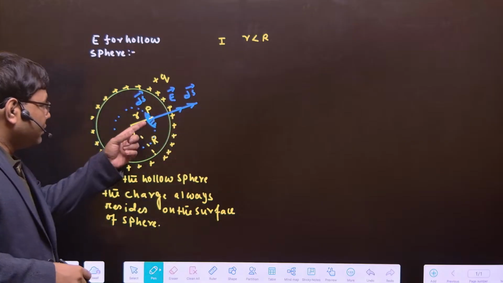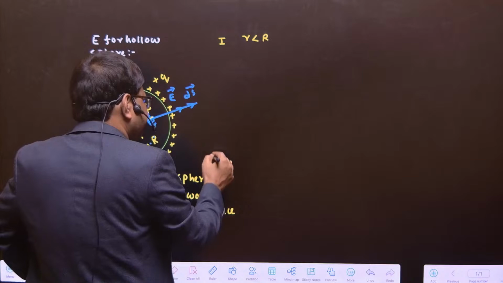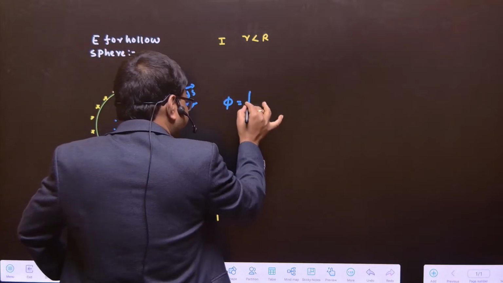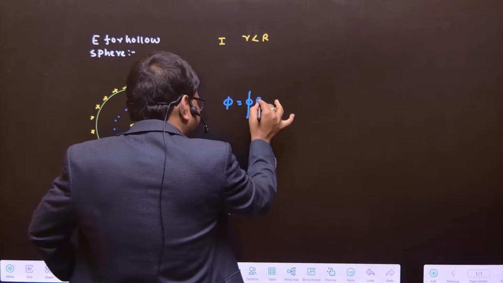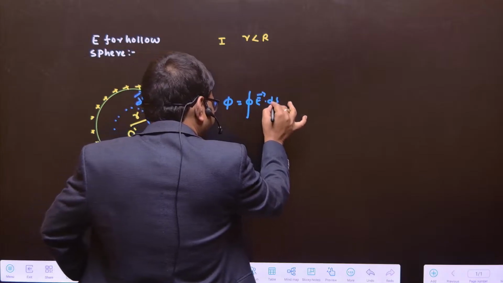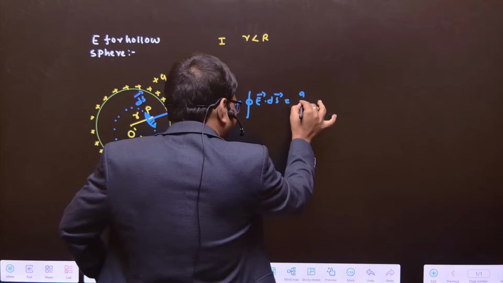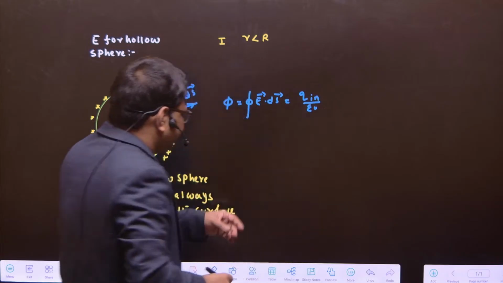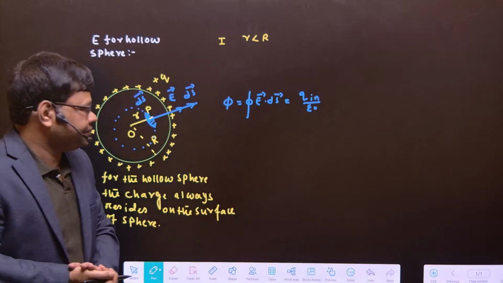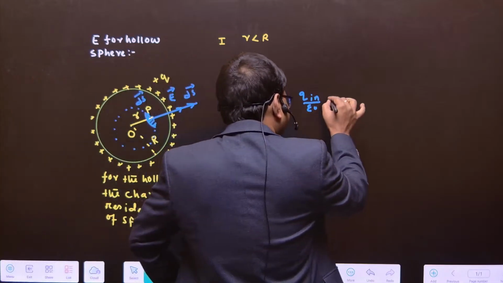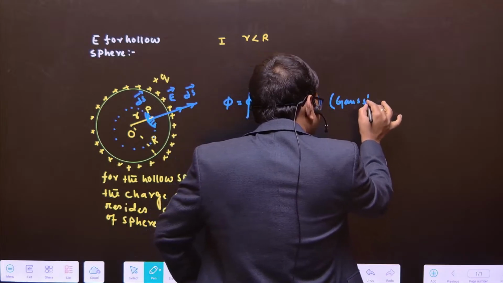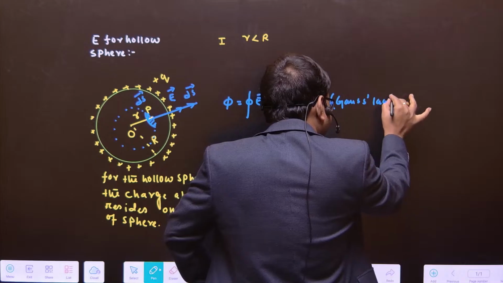Am I clear? According to Gauss law we can write here electric flux phi is equal to surface integral E vector dot ds vector is equal to q in divided by epsilon naught. It is Gauss's law, Gauss theorem.